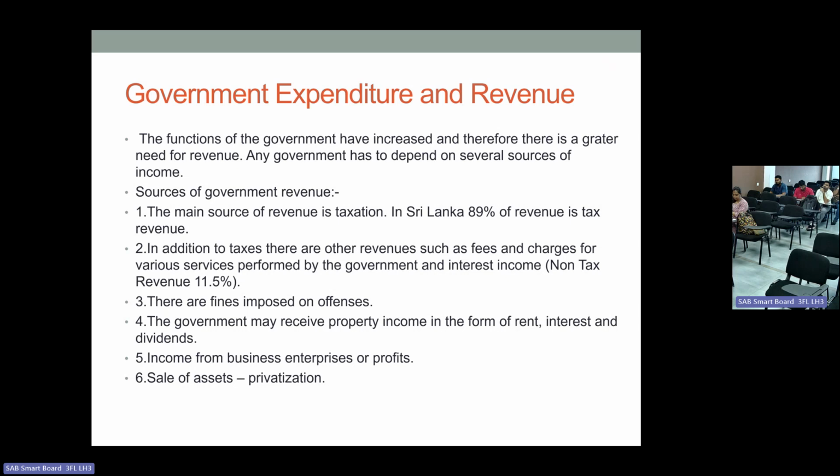The government expenditure and the revenue are the main components in the government budget. In our model, we take government expenditure on goods and services only, and for revenue we take only the taxes.